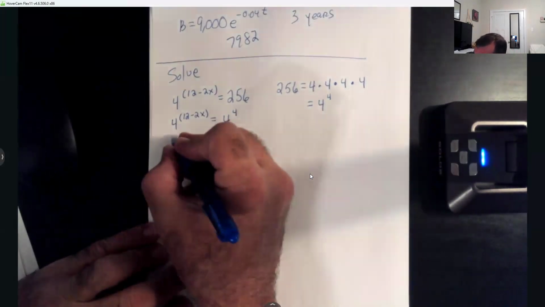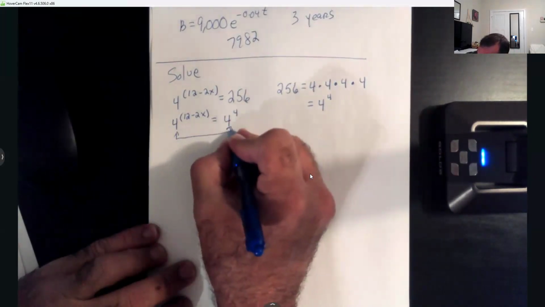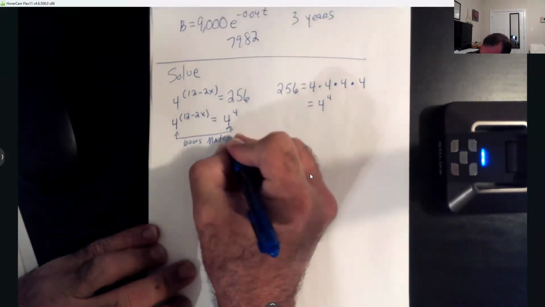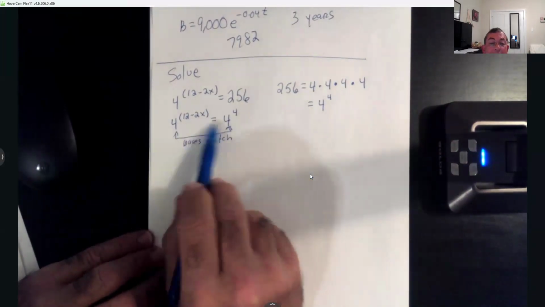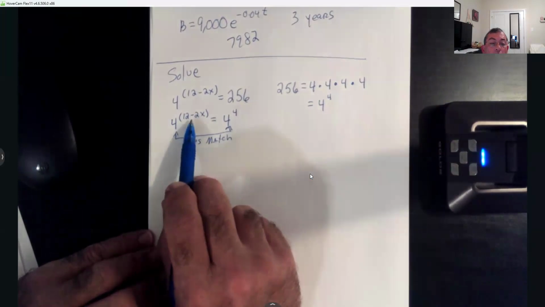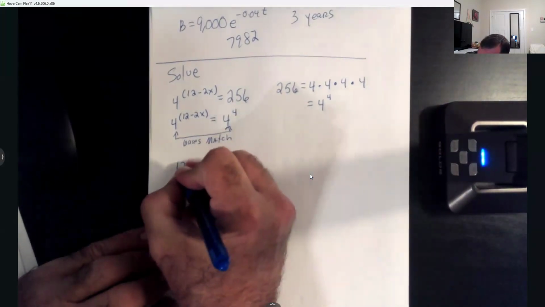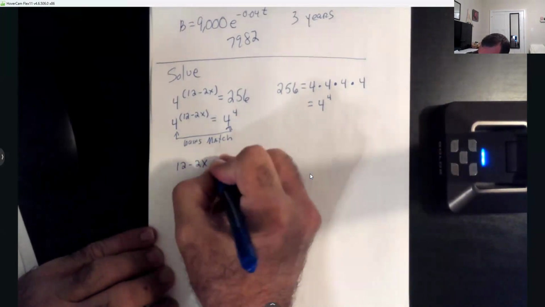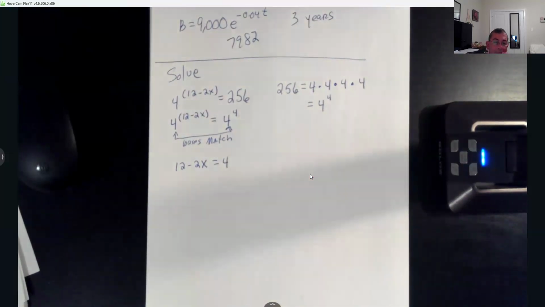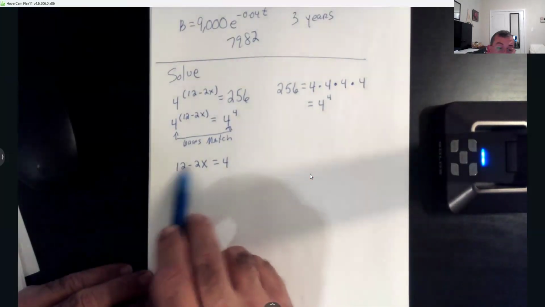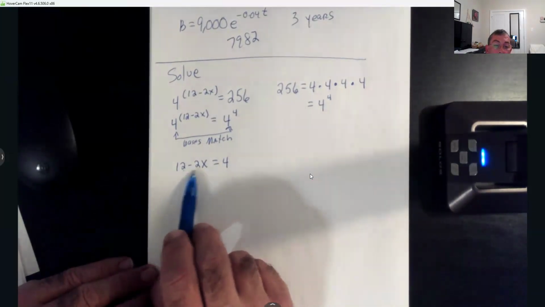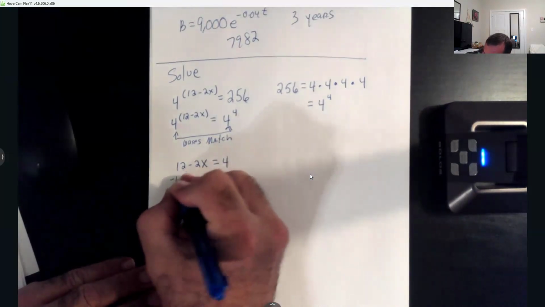So we redid that because these bases match. So y'all, since these bases match, that means these exponents have to be equal. So 12 minus 2x equals this exponent of a 4. All right, so we just got to solve this now. So here we go. Subtract 12 from both sides.